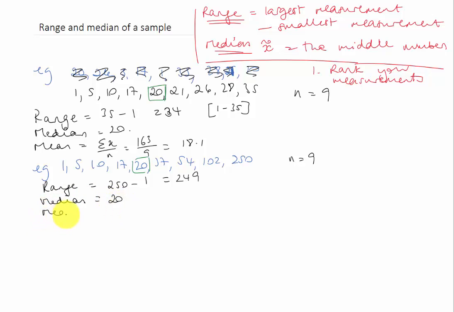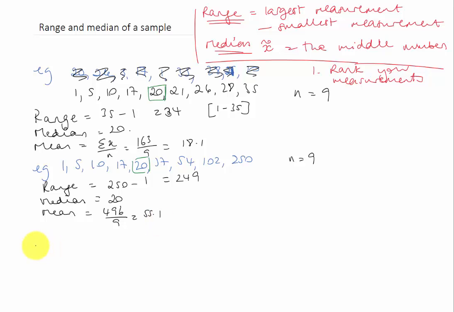And if we work out the mean, that is 496 over 9, or 55.1. So here we've got the same median, but the range and the mean are quite different between these two samples.